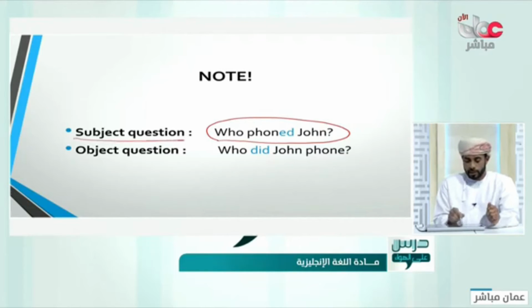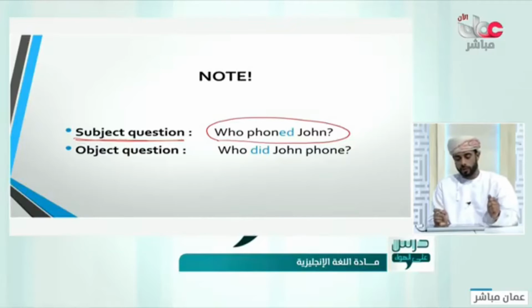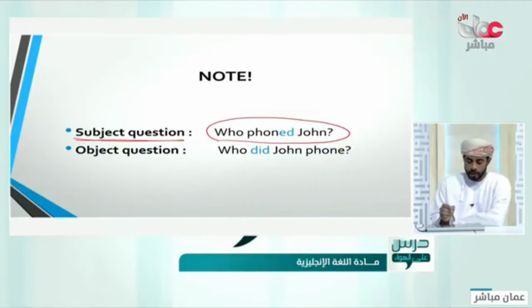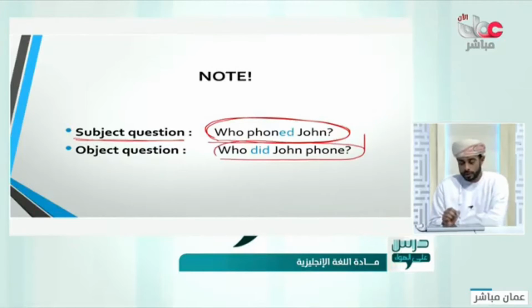We are asking here about the subject. We can say, for example, by whom was John phoned? Whatever. Good. This is to ask about a subject. We can say who phoned John, but when we are asking about the object, we say who did John phone? Now we are asking about the object.